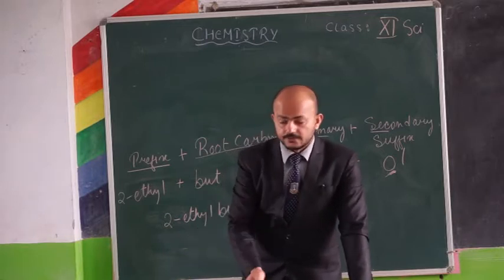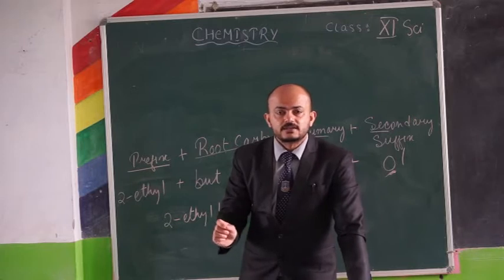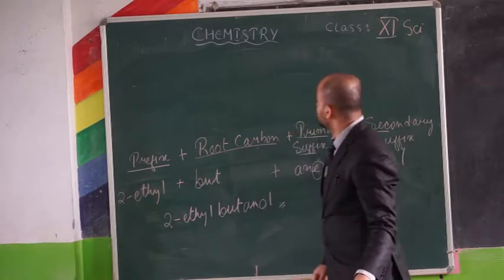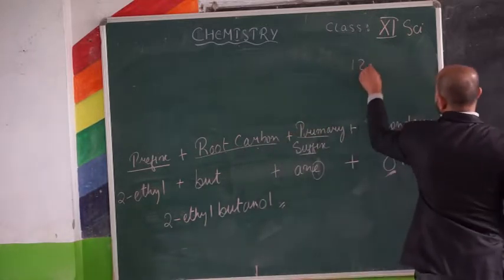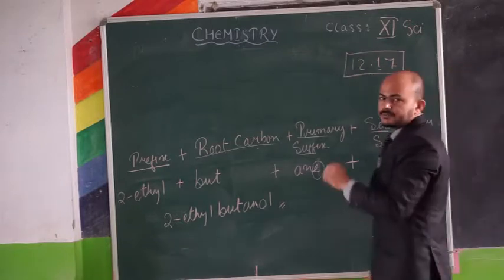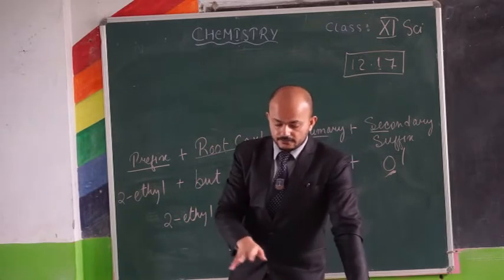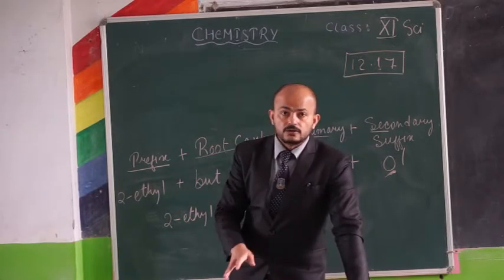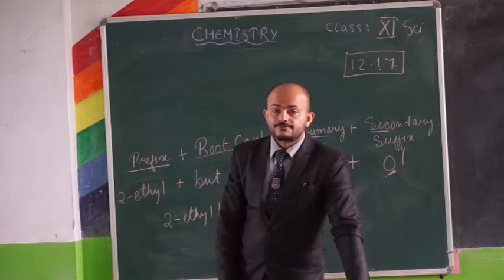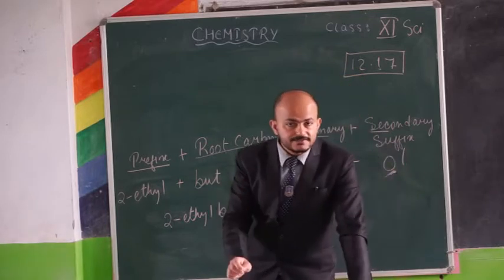Please refer to page number 12.17. On this page, you have certain rules, and out of these rules 1, 2, 3, the first 3 rules you already know. Now, rule number 4, we'll discuss first.